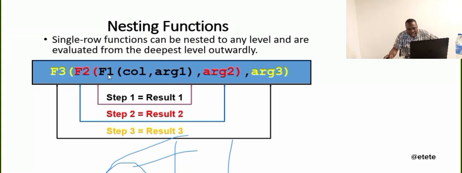So F1 requires 2 arguments, which is column 1 and argument 1. The output becomes the argument 1 of F2 and then argument 2. Then the output of F2 becomes the argument 1 of F3. So F3 has argument 1, which is the whole of this, and argument 3.